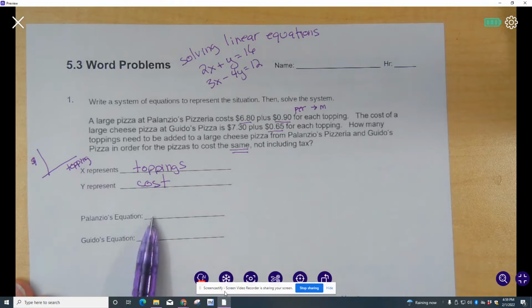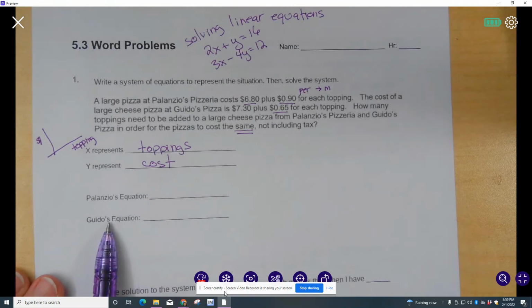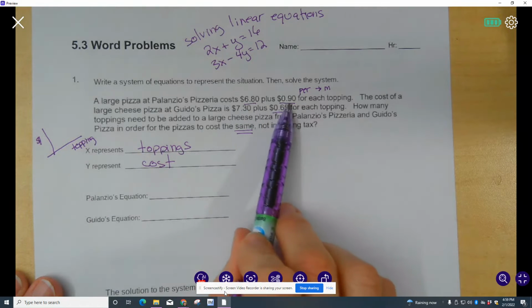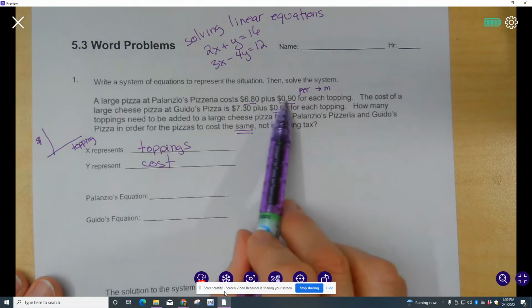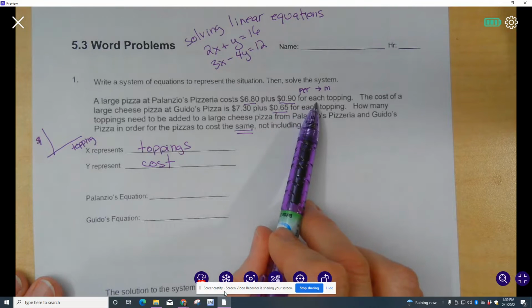All right, so now we want to write two equations, one for this pizza place, which I can't say very well, and one for Guido's. So at Palazio's, you pay $6.80 for a cheese pizza, and then for every topping you add, you pay 90 cents more. This is the rate, 90 cents per topping. Remember, slope is a rate.